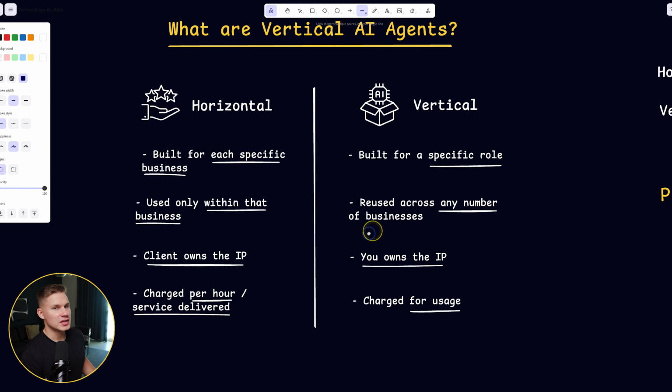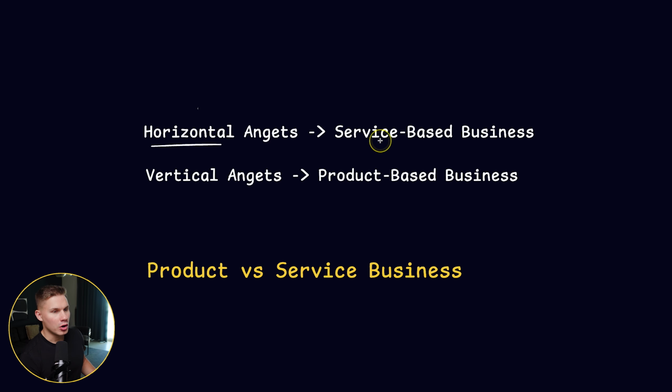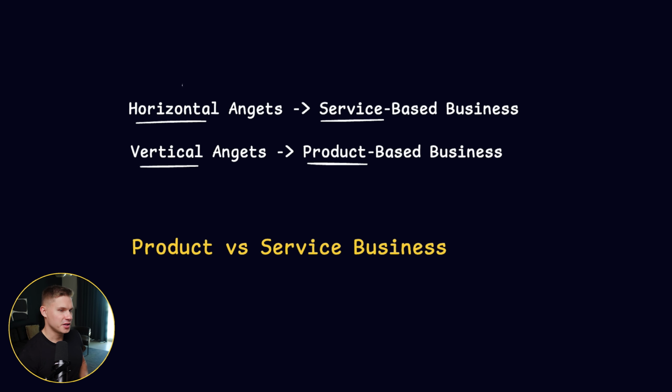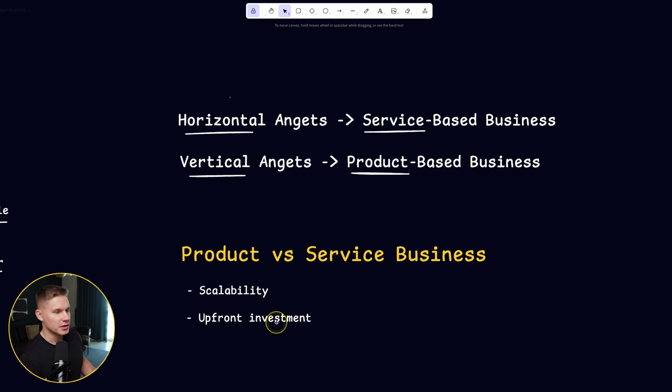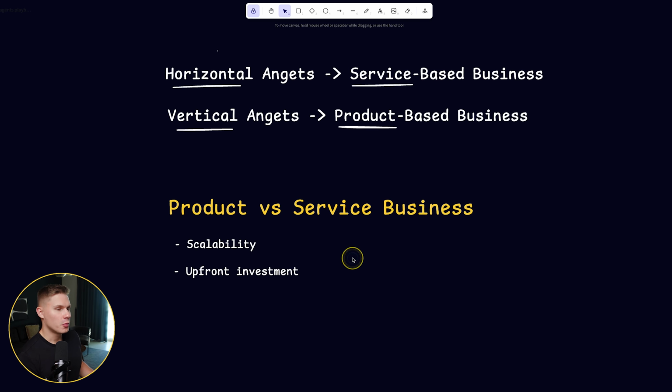And so what this essentially means is that when you're building horizontal AI agents, you are in a service-based business, while if you are building vertical AI agents, you are in a product-based business. And these are two completely different business models, and selecting the wrong one can actually cost you a lot of time and money. The primary differences between these business models are in scalability and the upfront investment required.